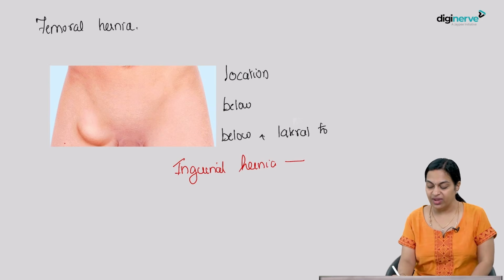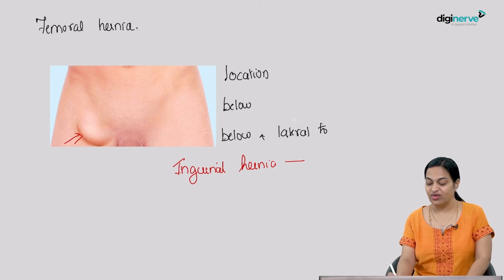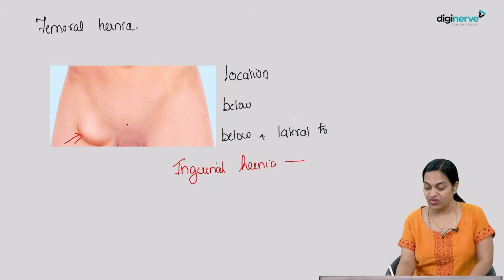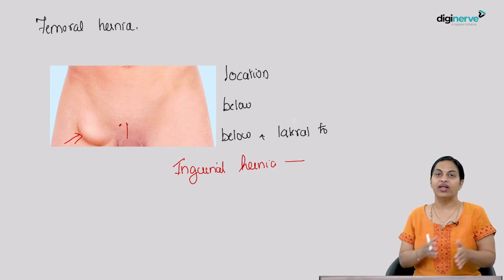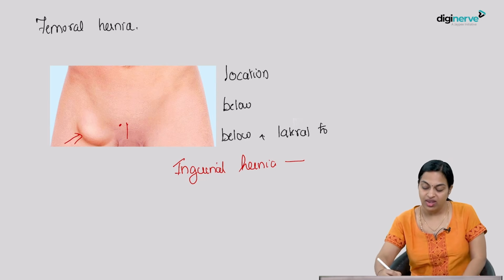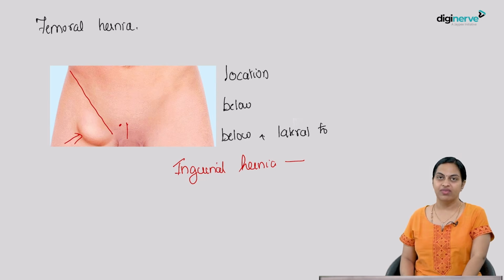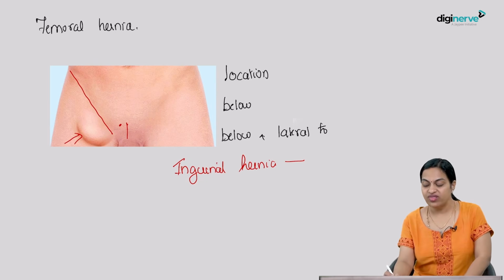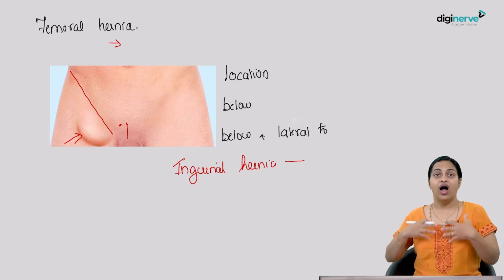So you see a bulge here, in the front of the thigh. So below and lateral, okay? This is the pubic symphysis. Here you'll have the pubic tubercle. Below and lateral to the pubic tubercle, below the inguinal ligament, suggestive of femoral hernia. So what is this femoral hernia?